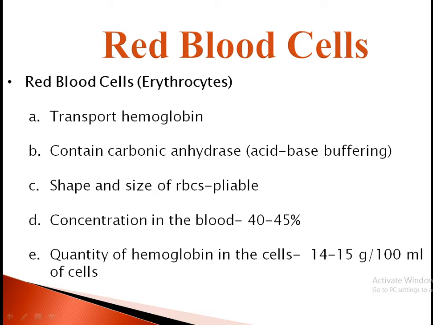In healthy men, the average number of RBC per cubic millimeter is 5,200,000, while in women that is 4,700,000.